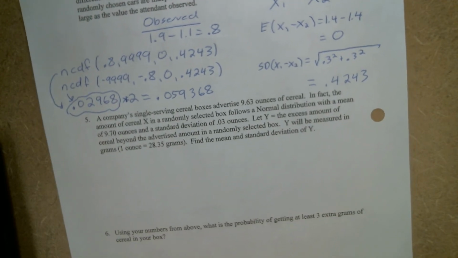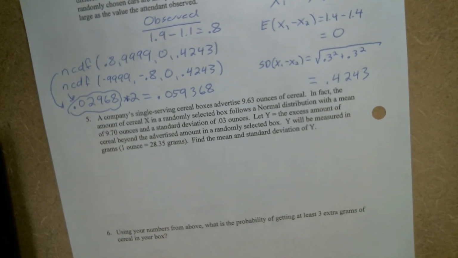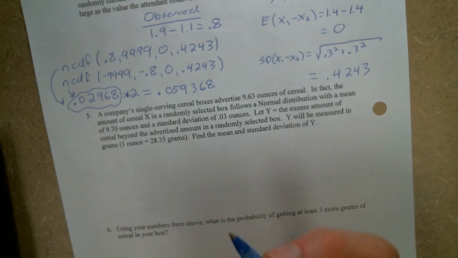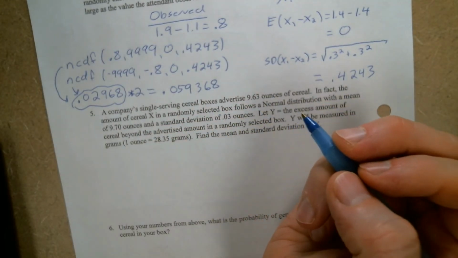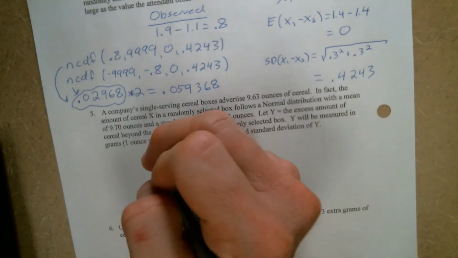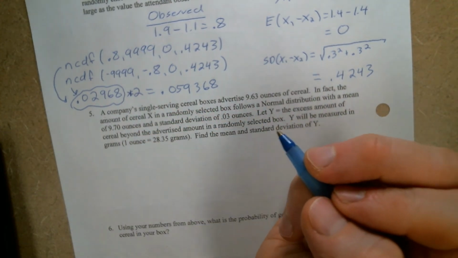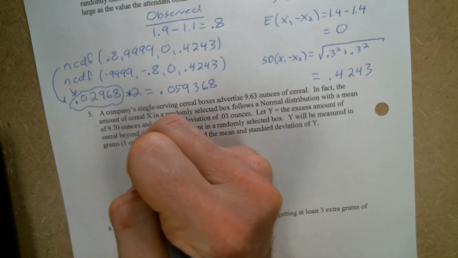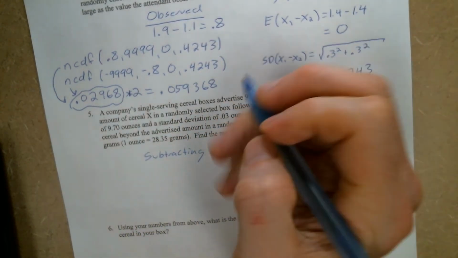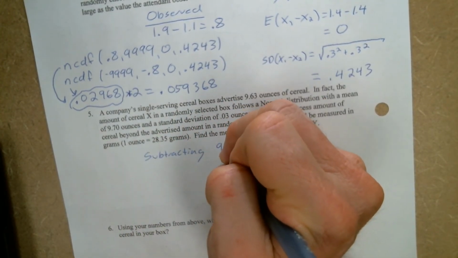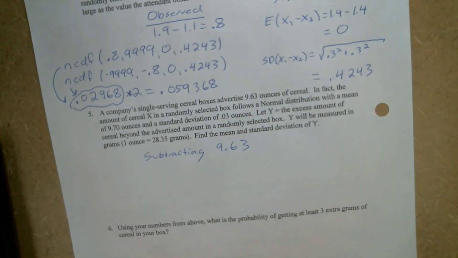All right, so this is actually one of the old style problems. All right, we're not combining random variables here. We're doing two transformations. All right, we are subtracting 9.63 to find the excess.